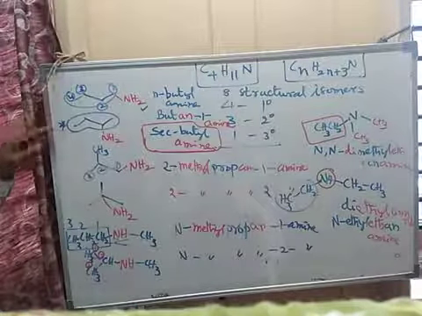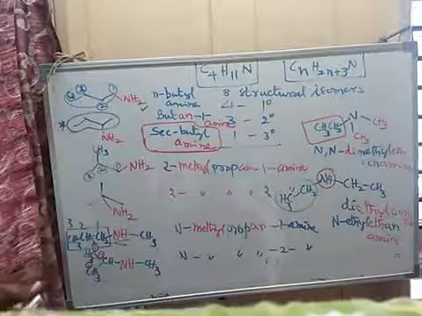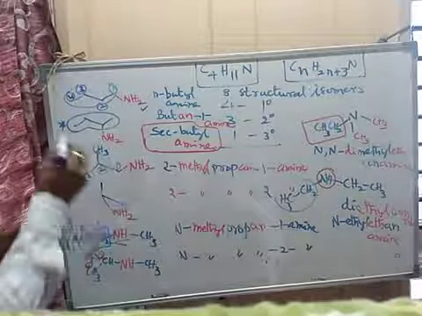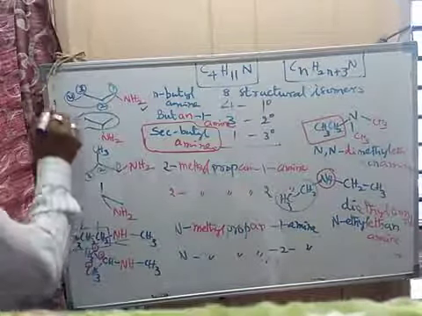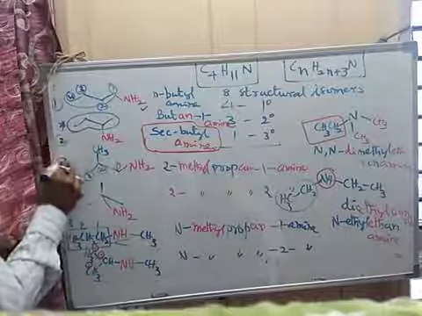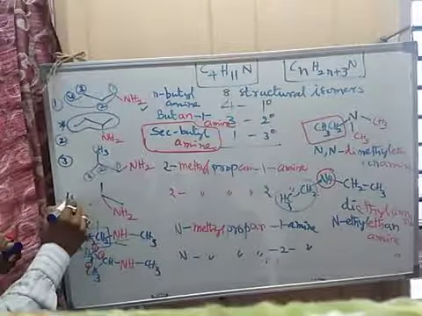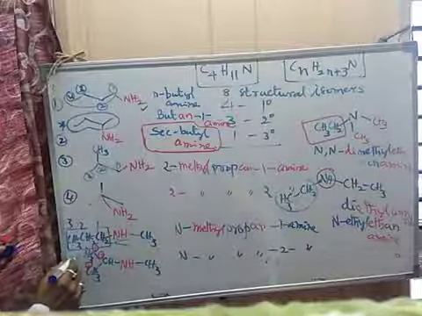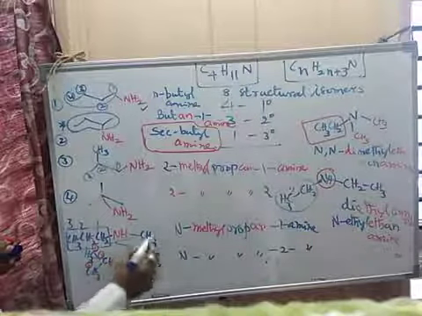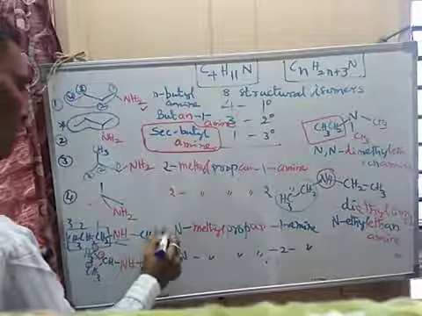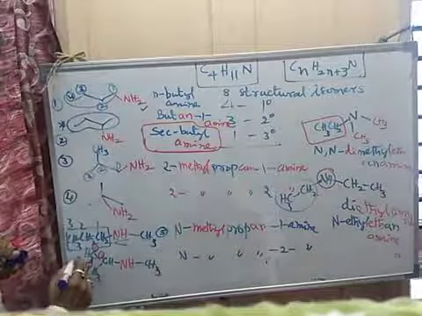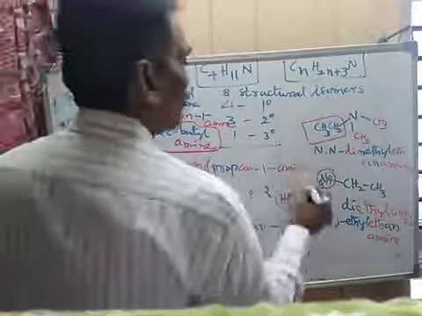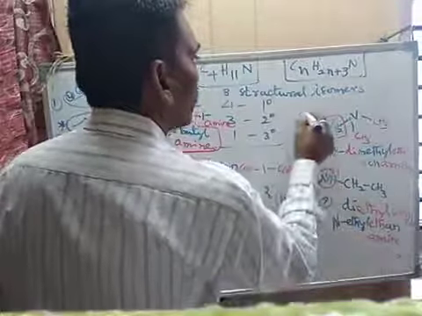This is structure 1, structure 2, 3, 4, 5. No, this is 5. This is 6, this is 7, and this is 8.